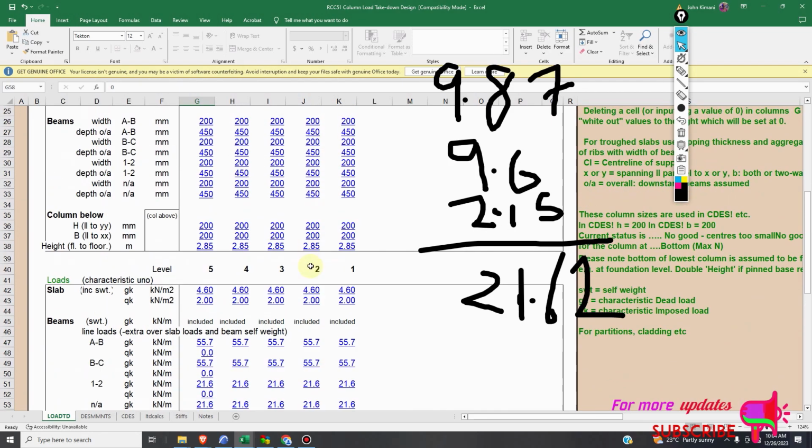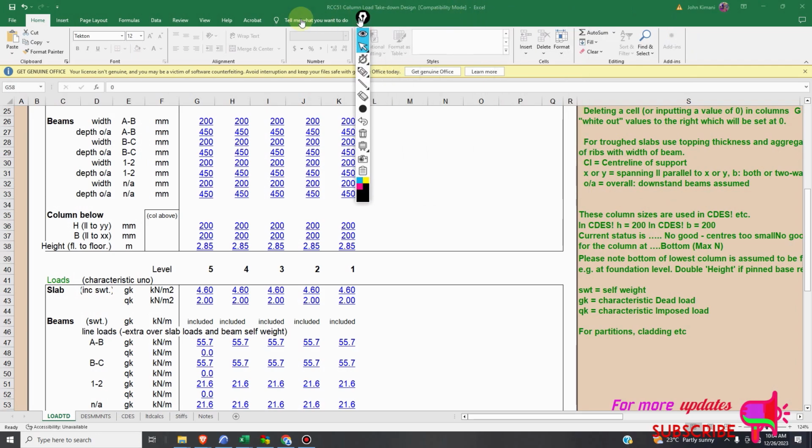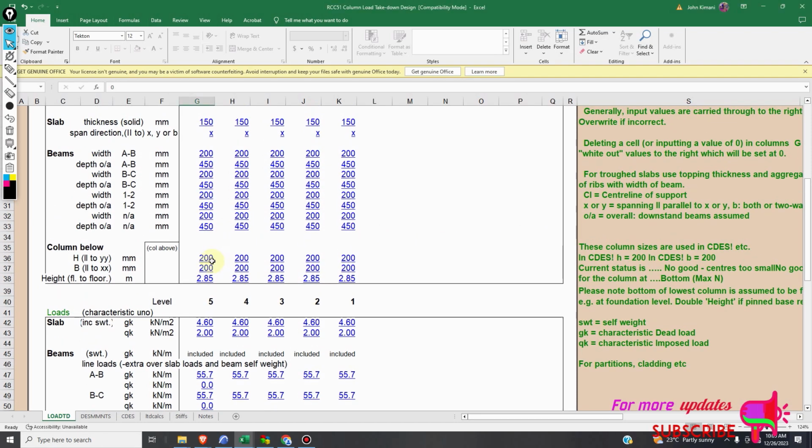Now from here you can already say that we can do what we call preliminary sizing. Now that we know that this column is not sufficient, 200 by 200 is very small, so it's not good. The center is too small. So now in here we want to do preliminary sizing.